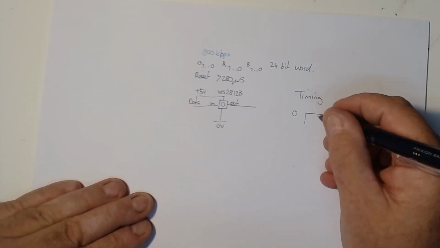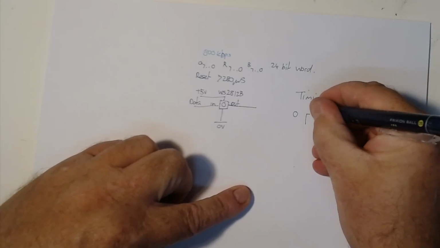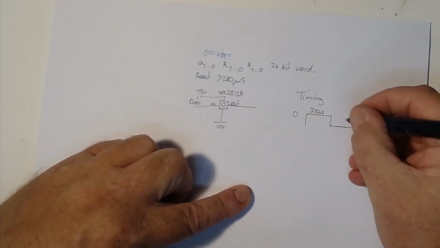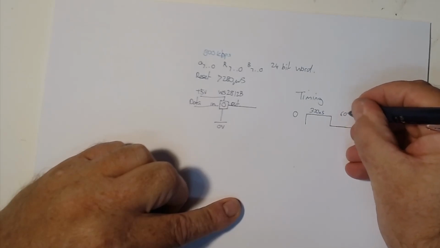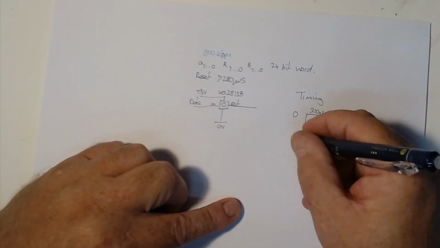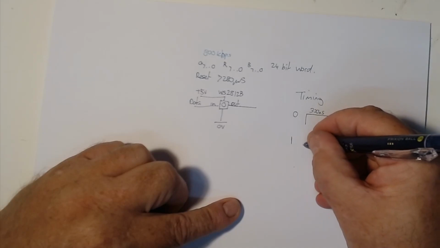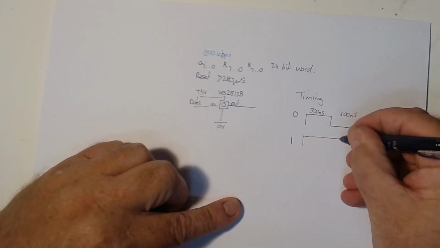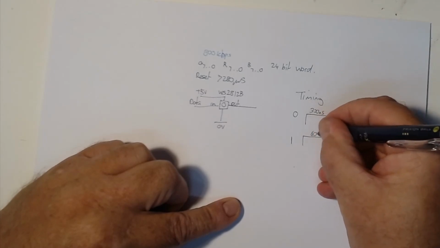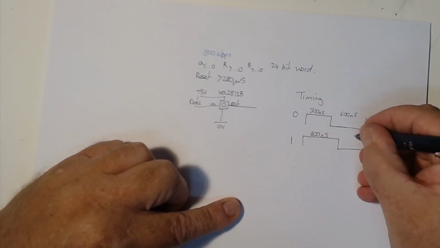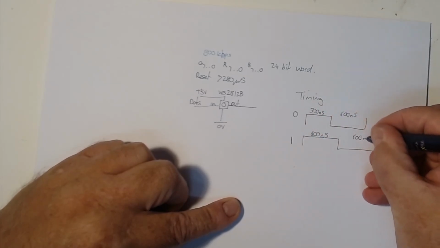So we said that we'll make this part 300 nanoseconds, and this part was 600 nanoseconds. And then for a digital 1, we had 600 nanoseconds and 600 nanoseconds.